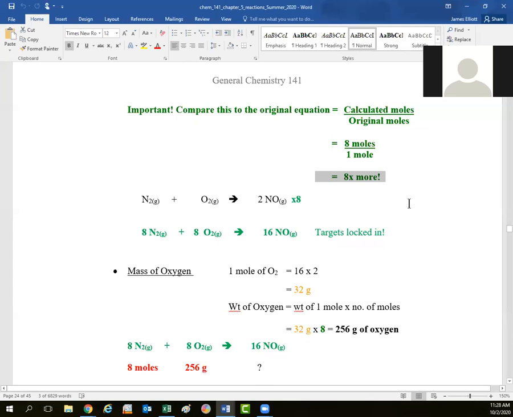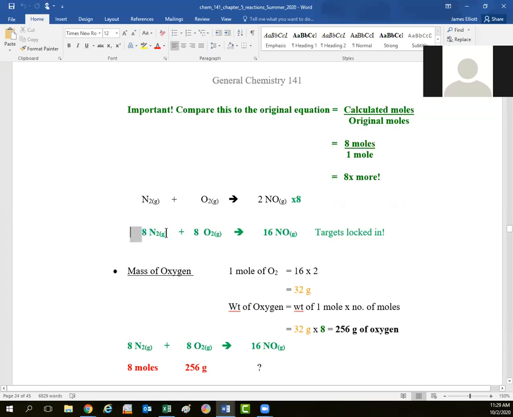And to keep the equation balanced, we'll apply that to the whole equation. 8 times more nitrogen, so we'll use 8 times more oxygen, 8 moles, and 8 times more of the product, nitric oxide, so 16 moles. So those relative proportions, 1 to 1 to 2, are still there. It's now expressed as 8 to 8 to 16.